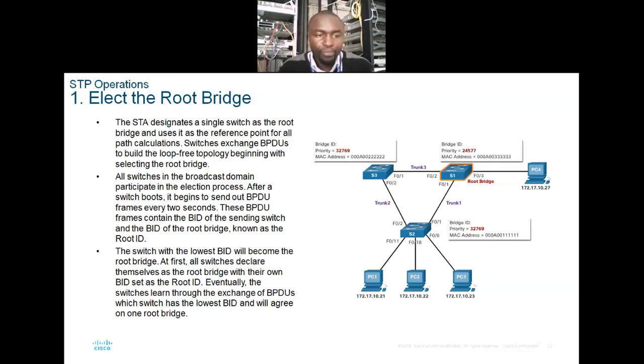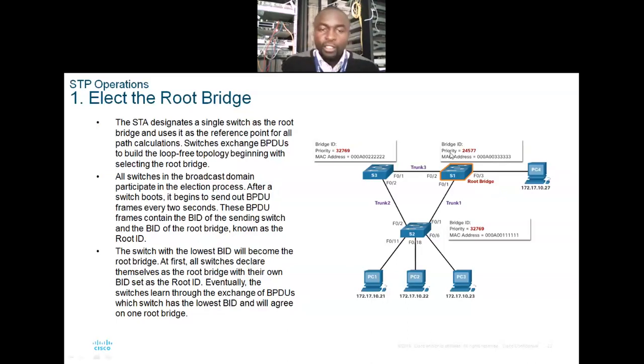So the switch with the lowest BID will become the root bridge. At first, all switches declare themselves as root bridge with their own BID set as the root ID. Eventually, the switches will learn through the exchange of bridge protocol data units which switch has the lowest BID and will agree to be the root bridge.